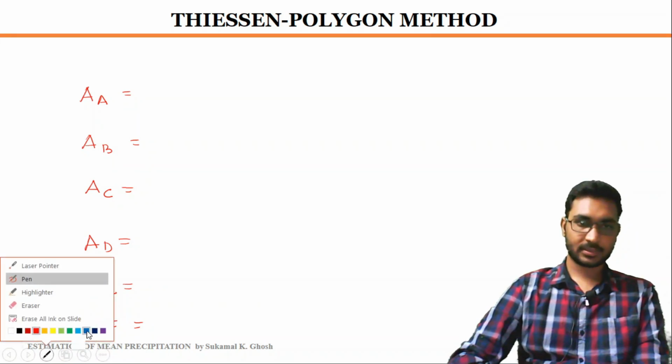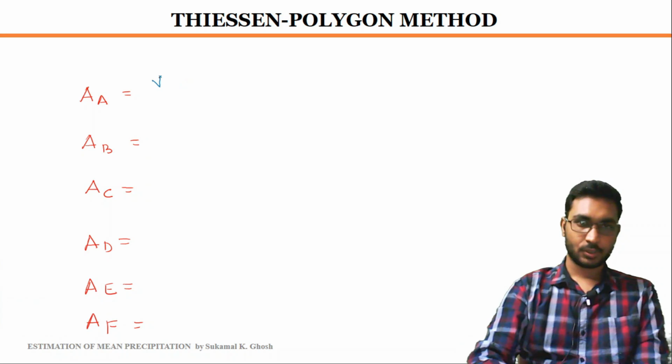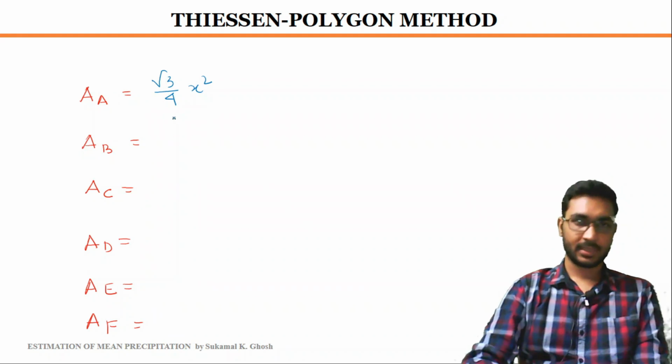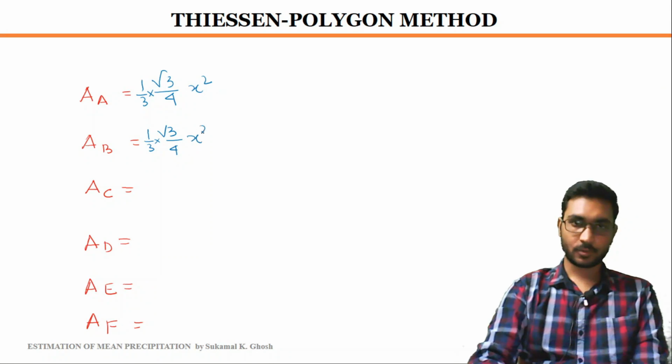AA was root 3 by 4 into x square. AB will be 1 by 3 into root 3 by 4 into x square plus x square by 8.